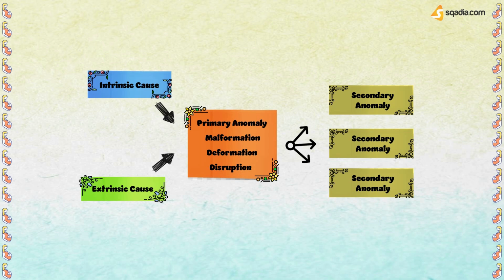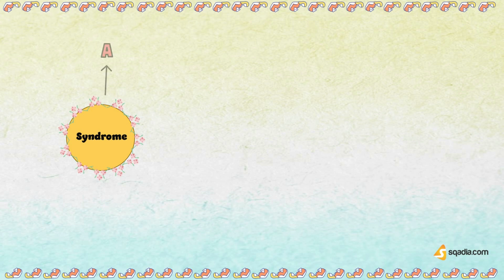Any student who can repeat the definition of syndrome and sequence for us? Yes, ma'am. In syndrome, a single underlying cause leads to groups of abnormalities, for example A, B, C, D, E, and F. Now, all of these are groups of abnormalities that consistently occur together.